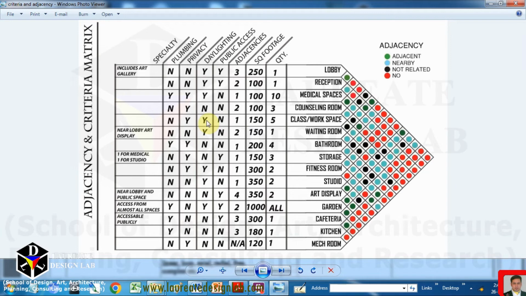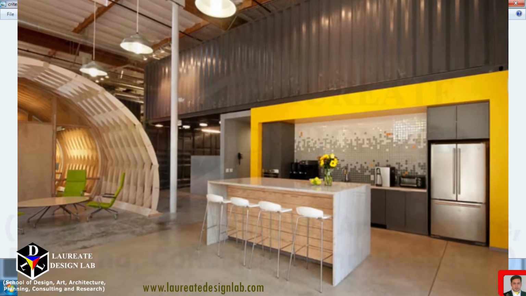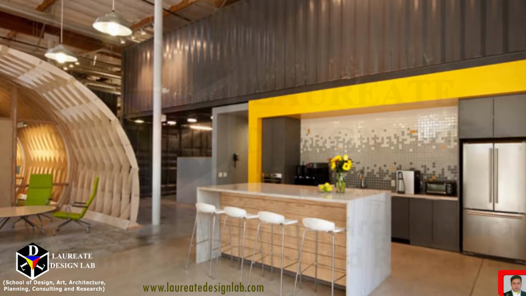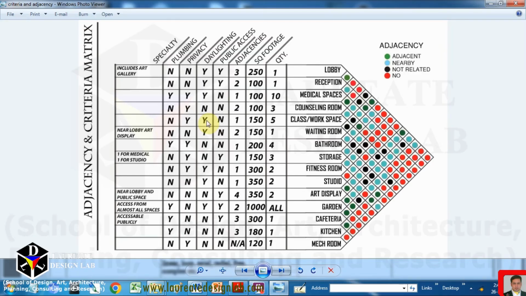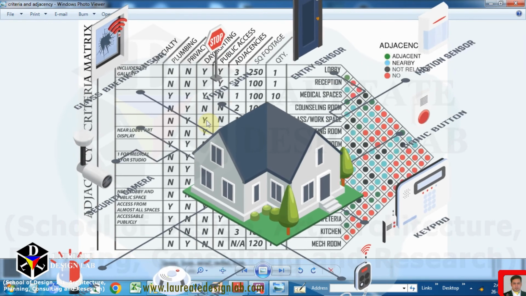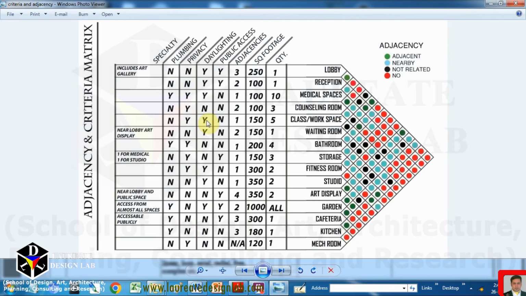Criteria generally we talk in terms of privacy. It could be in terms of services. Criteria could be in terms of decor. Criteria could be in terms of natural light. Criteria could be in terms of the authority based system, that is who has what authority, so what security system is required at certain spots.